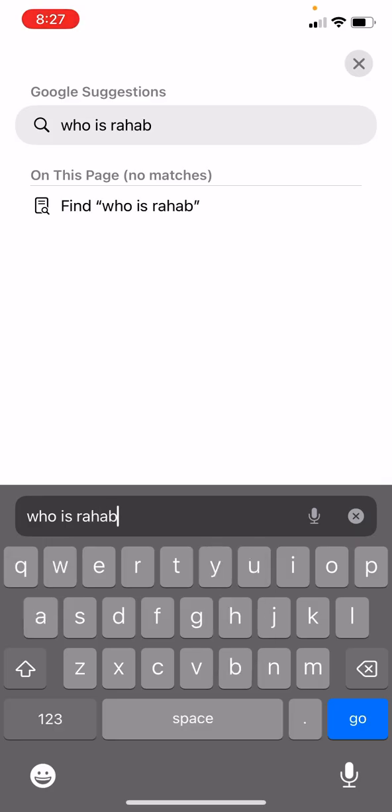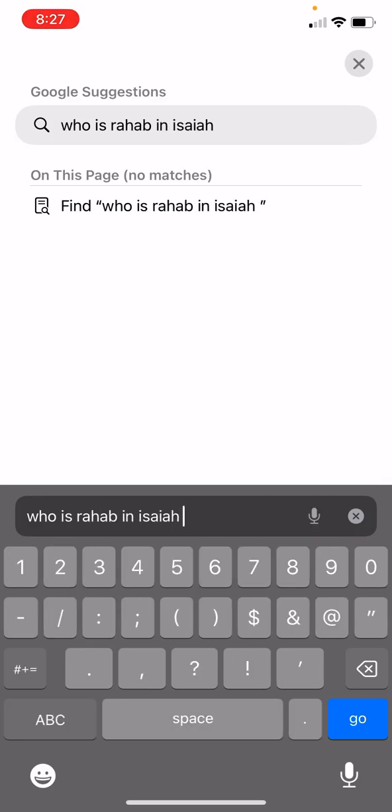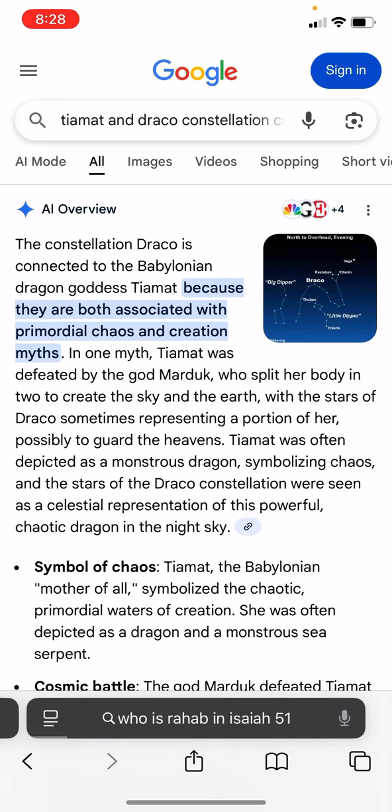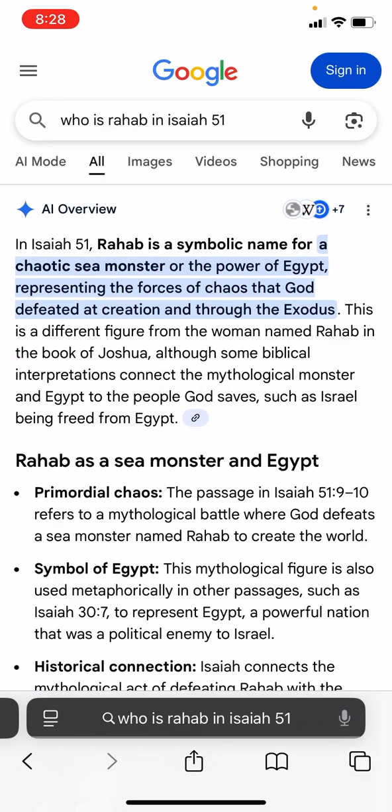Who is Rahab in Isaiah 51? In Isaiah 51, Rahab is a symbolic name for a chaotic sea monster or the power of Egypt.